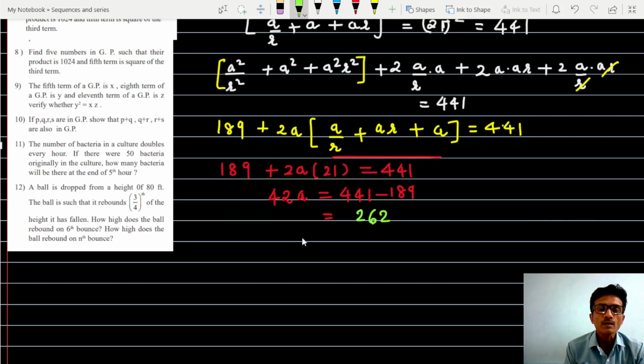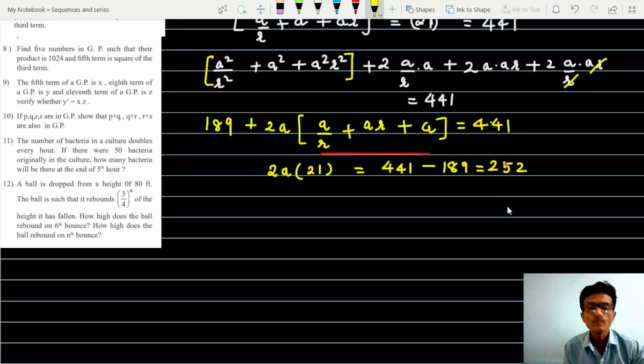Therefore A is equal to how much? 252 divided by 42, and so this 2 is getting cancelled here, it gives us 6.